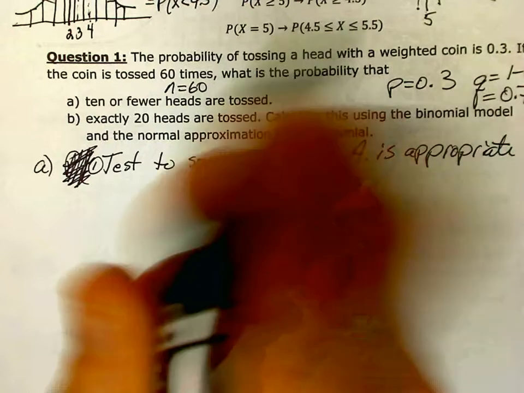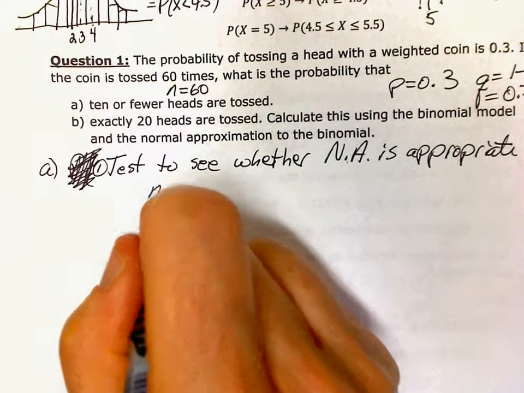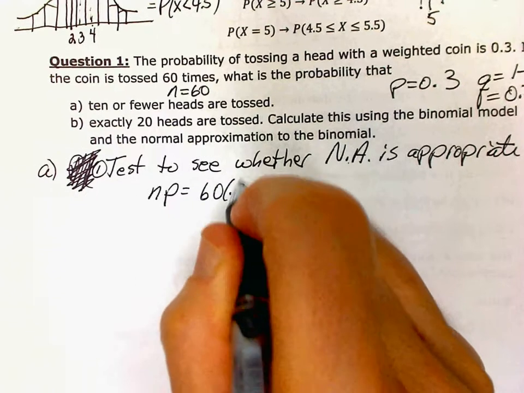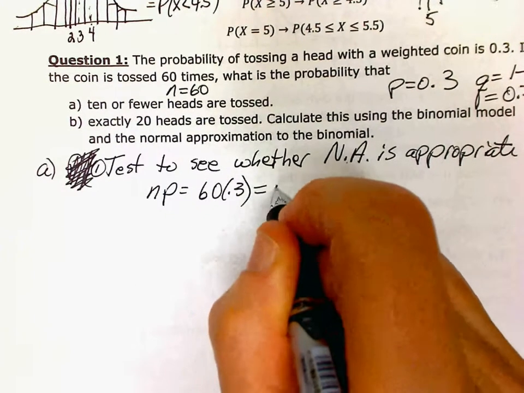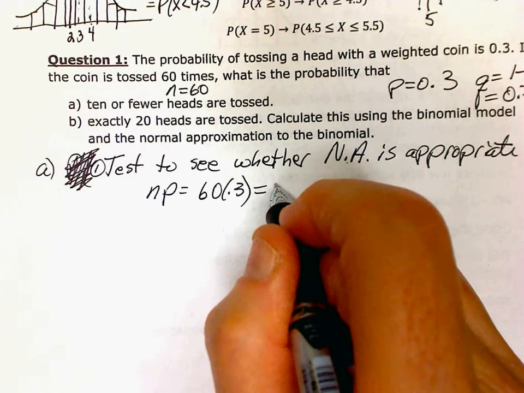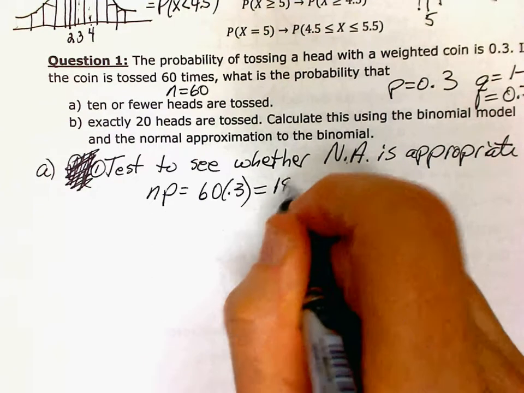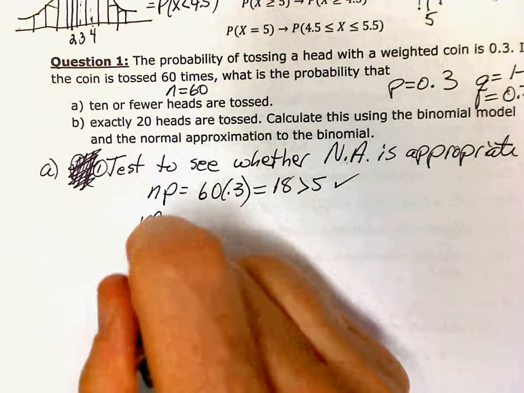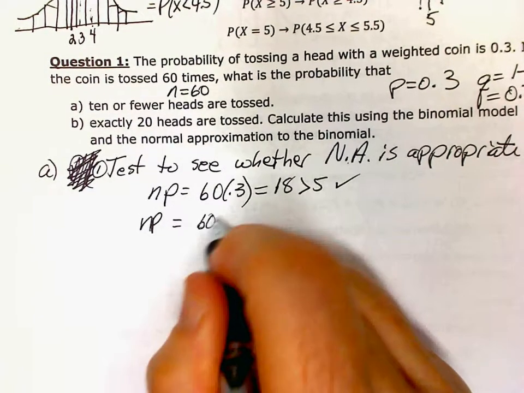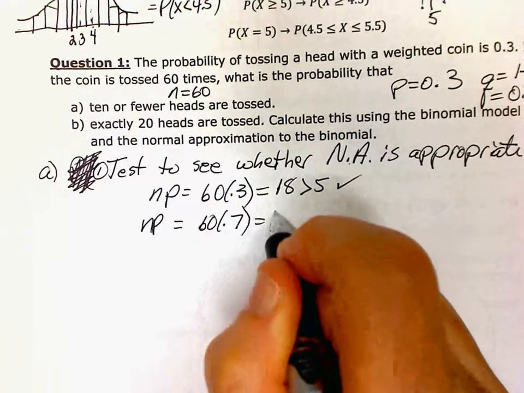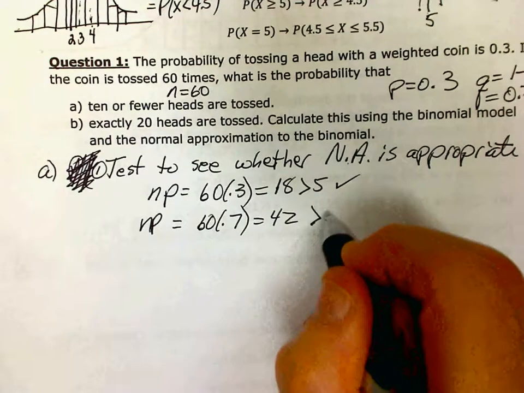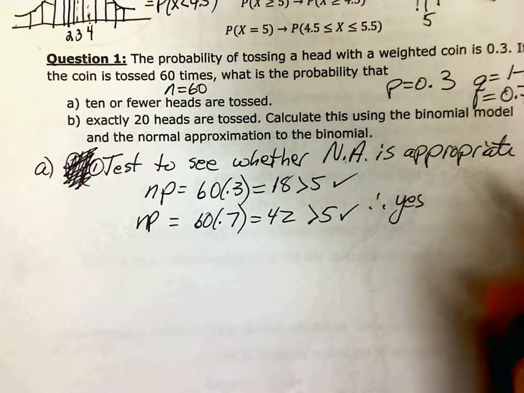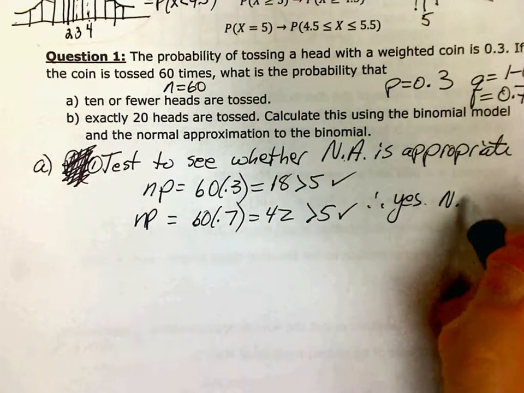So, np equals 60 times 0.3, that equals 18. That's greater than 5. Check. nq equals 60 times 0.7, that's 42. That's greater than 5. Check. Therefore, yes, normal approximation is appropriate.